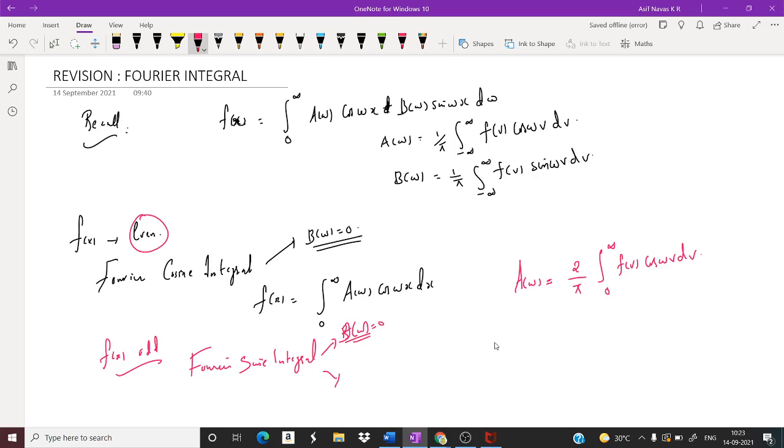The Fourier sine integral is of the form f of x equal to integral 0 to infinity b of omega sin omega x d omega, where b of omega is equal to 2 by pi integral 0 to infinity f of v sin omega v dv, since f of v sin omega v is even. So these are the three formulas you have to remember.